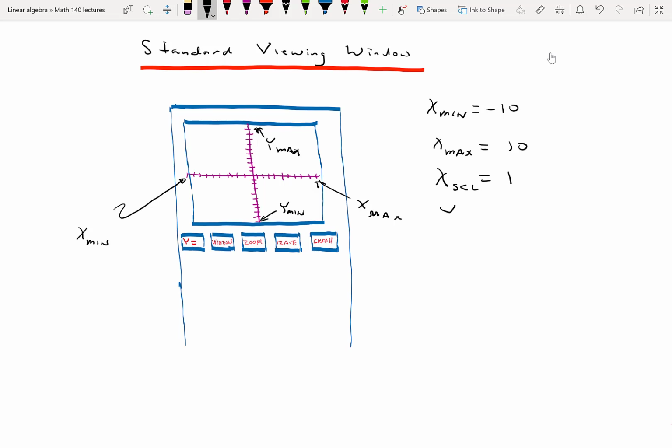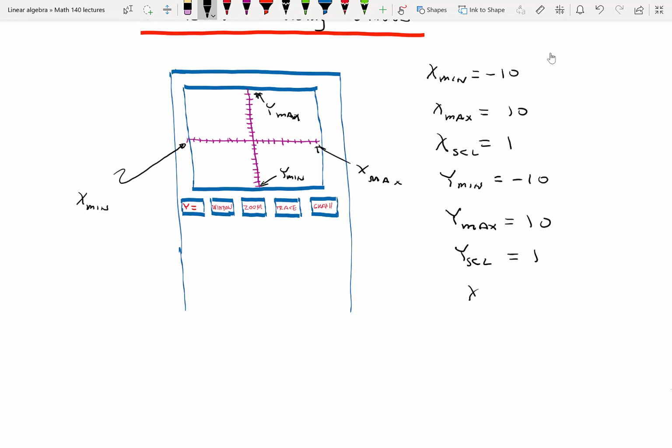Then you see y min is -10, y max is +10. Then the scaling on the y-axis, the distance between tick marks on the y-axis is 1. And you also see something called x-res, which I assume means resolution, but I have no idea what it does.